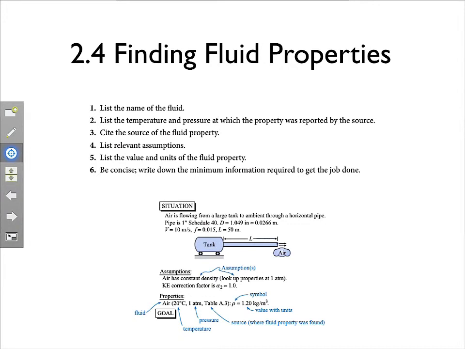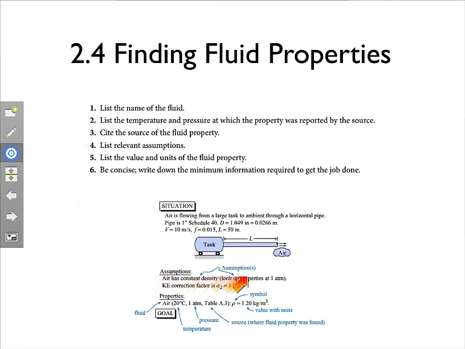So the final thing that I wanted to do in this section of notes was to just say really briefly what is good practice for finding fluid properties and documenting them. This is a very short section in the book that just gives this list here, but it's very good when you're doing problems to list the name of your fluid, list the temperature and pressure at which the property was reported in your documentation, in your source, and cite the source of the fluid property.